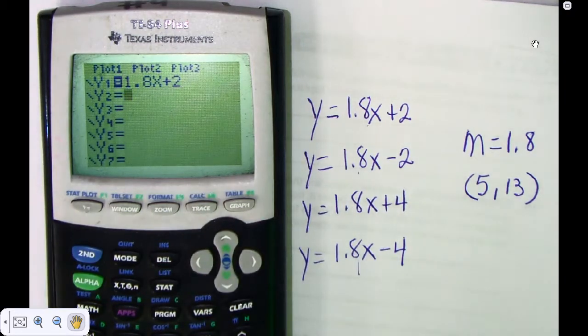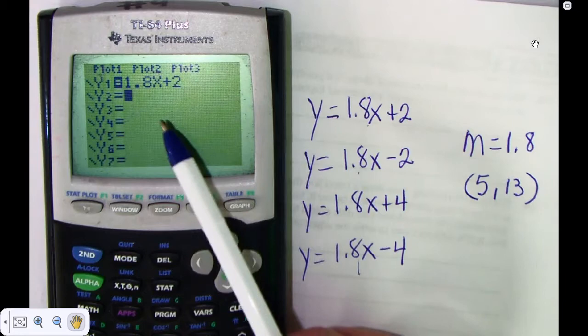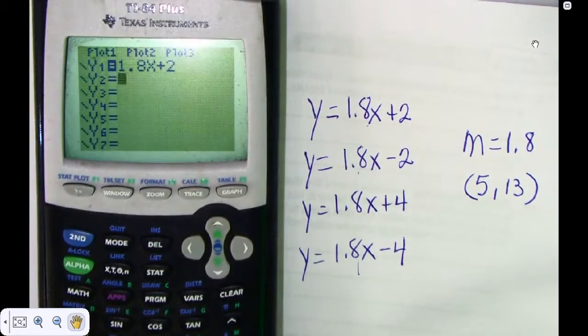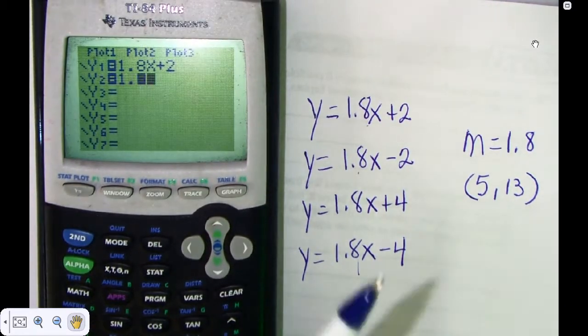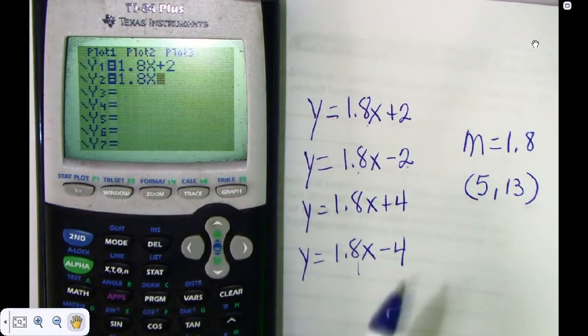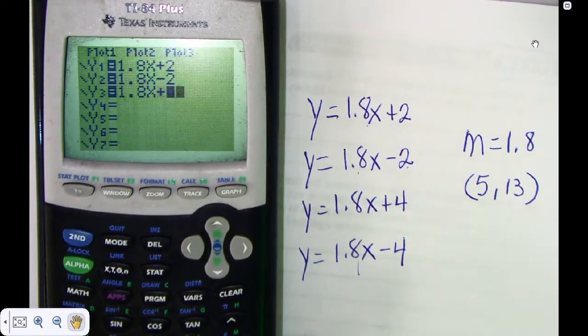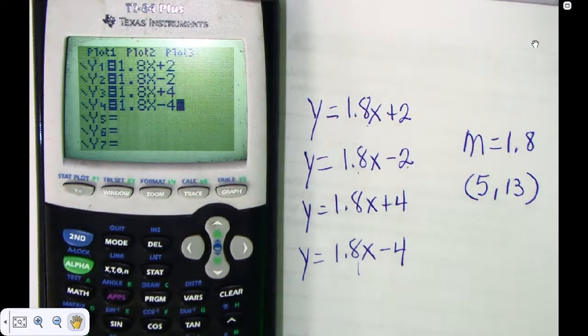Arrow down. And then you're going to hit 1.8x minus 2. Not negative 2, minus 2. Arrow down. 1.8x plus 4. Arrow down. 1.8x minus 4. You should have 4 equations in there.